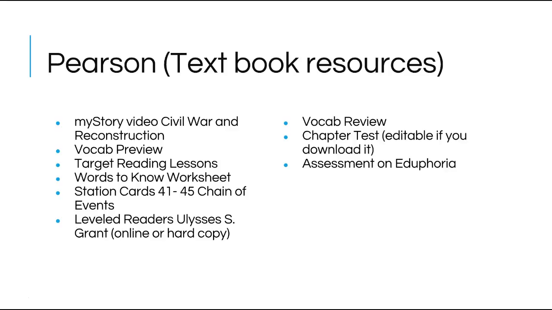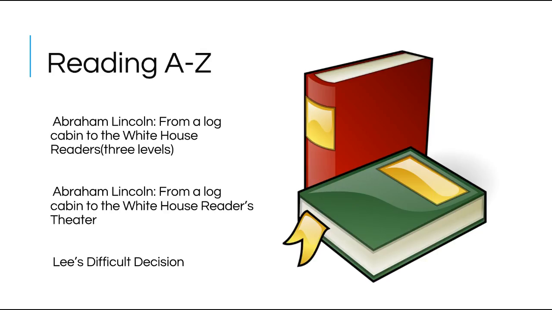The station cards that came with your textbook or are printable from the website also cover this material really well. Reading A to Z has titles that match your content and are around your grade's reading level.